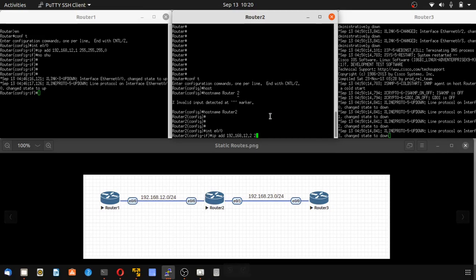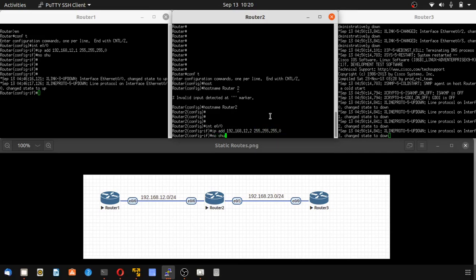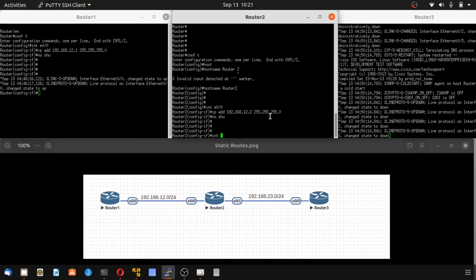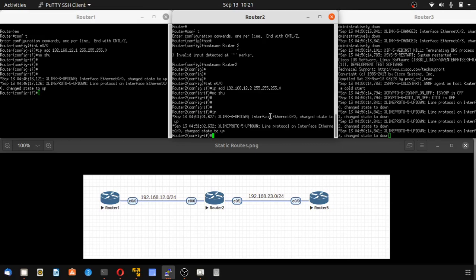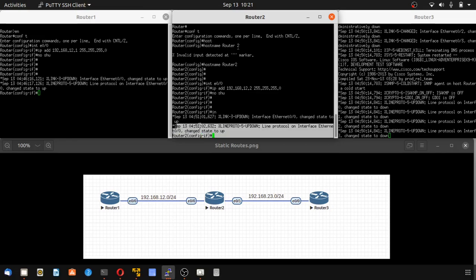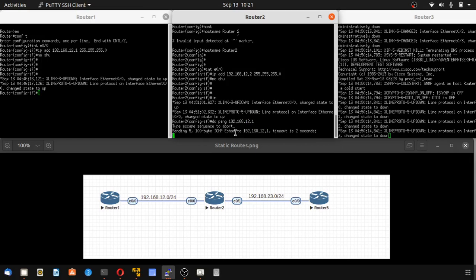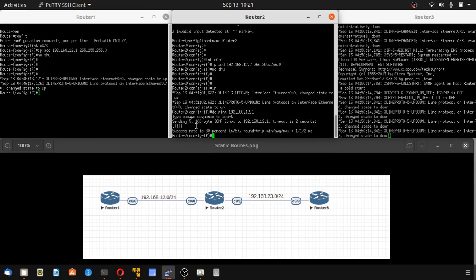Its subnet mask is 24, and no shut. Now you will see that my interface is up, and R1, 192.168.12.1, should be reachable. Now it's directly connected. You see that it's reachable.